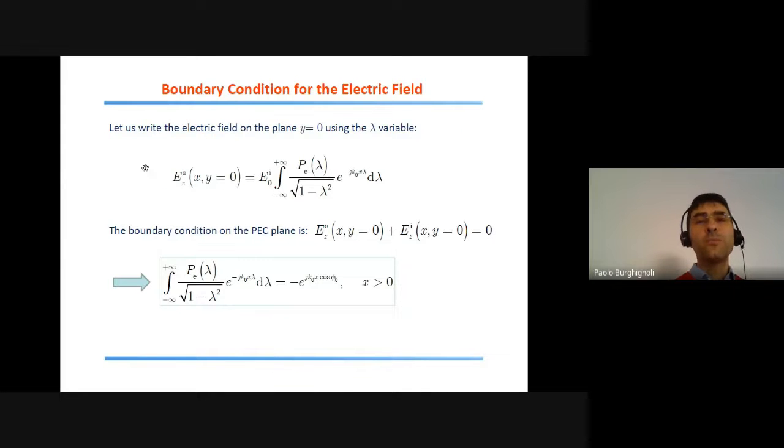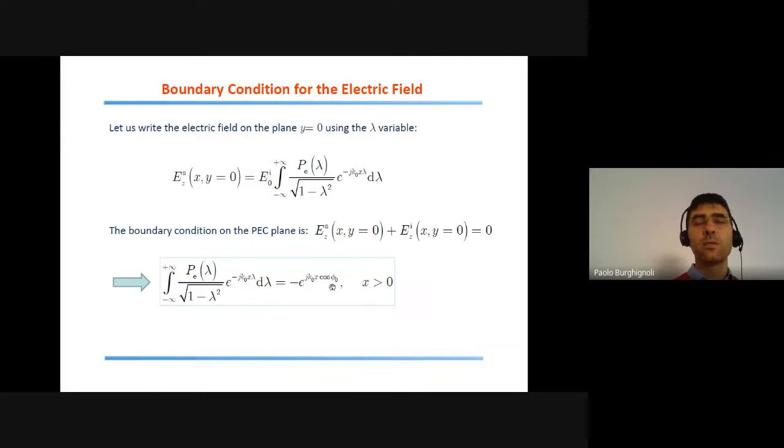Okay, now let us enforce the boundary conditions. Since we want to solve the Sommerfeld problem, we write the scattered electric field on the plane y equals 0 using the lambda variable. And the boundary condition is that the total tangential electric field must vanish on the perfectly conducting plane, which means that the scattered field here in the box on the left-hand side must be equal and opposite to the incident field.